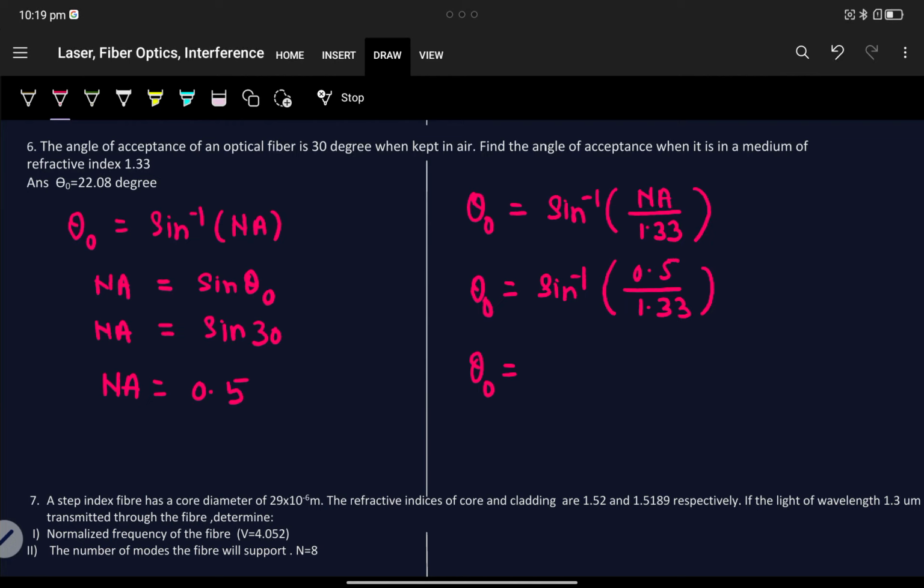So let's check this. 0.5 divided by 1.33, sine inverse of, so we'll get 20.08 degrees.